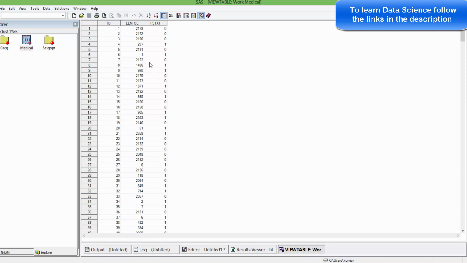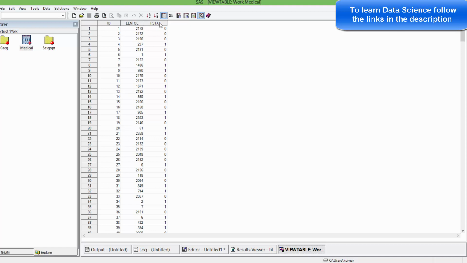You will see so many cases where the patient is surviving or the patient has dropped out from the study. Okay, and these cases are censored cases.